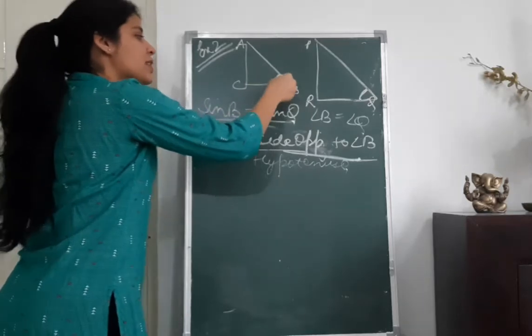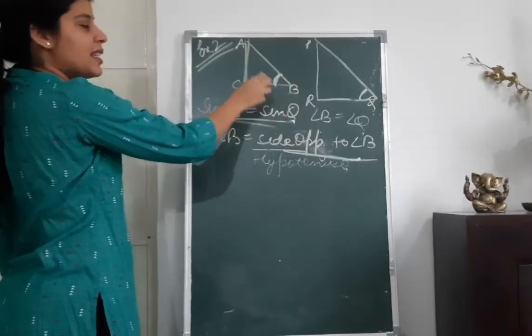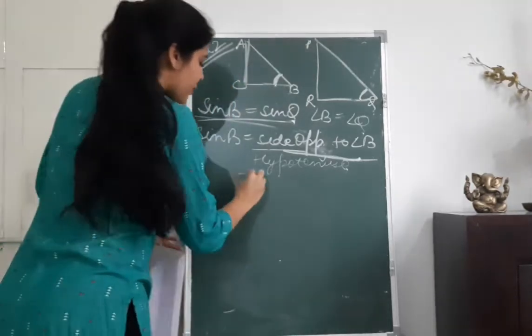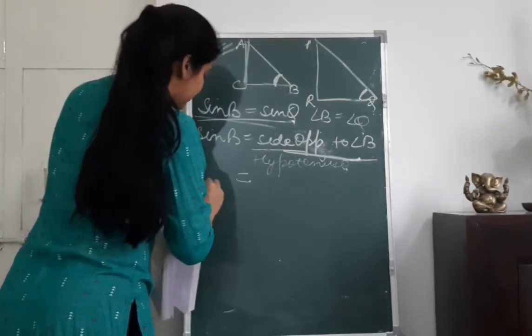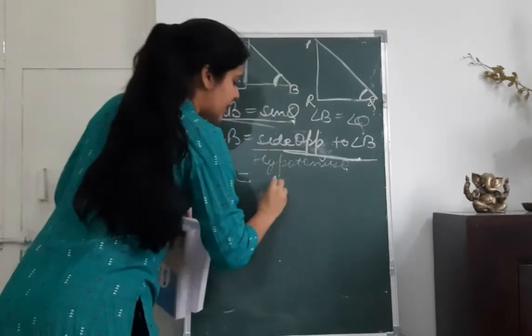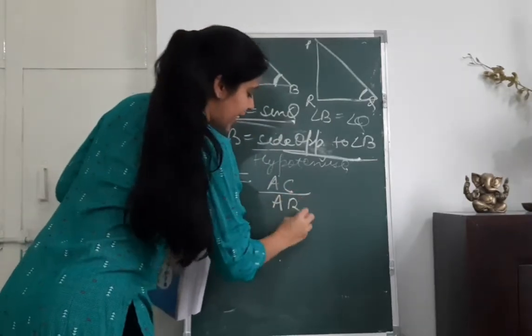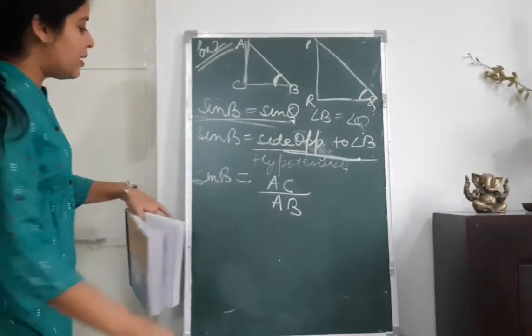Now which side is opposite to angle B in this case? AC. Clearly AC is the side which is opposite to angle B. So can I say sin B is equal to AC upon what is hypotenuse? AB, right?